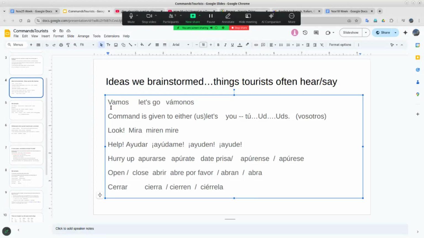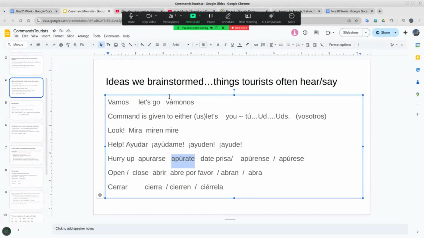Apurarse, to hurry up, to hustle. For an AR verb, apuras would be normal, right? Apuras, te apuras. Well, we have to attach that te to the end. So if you're telling somebody, move it, it's apúrate.